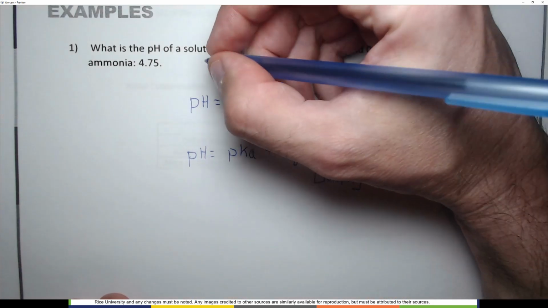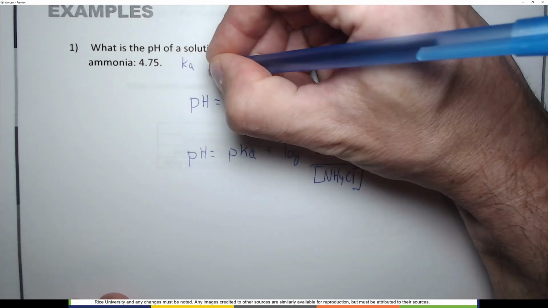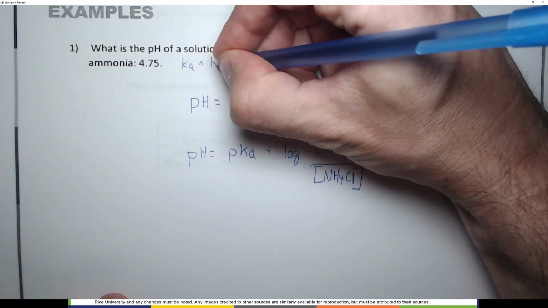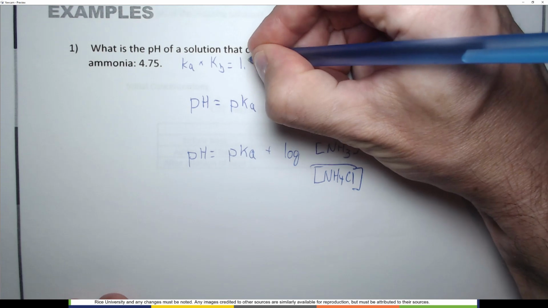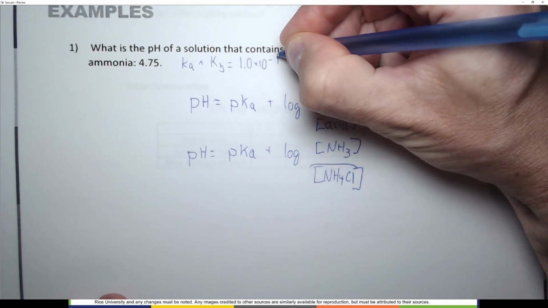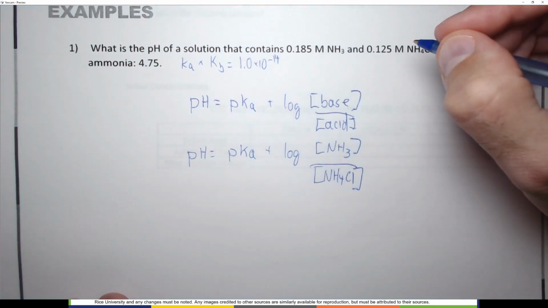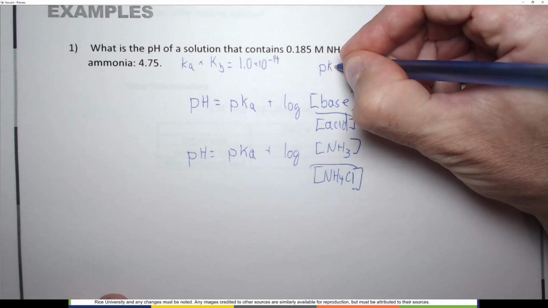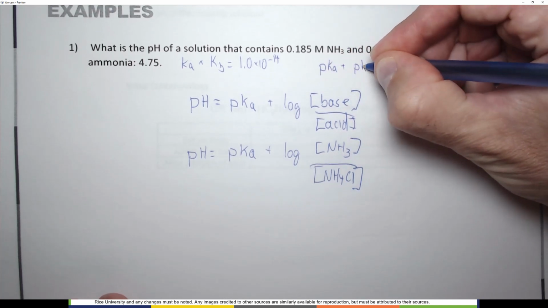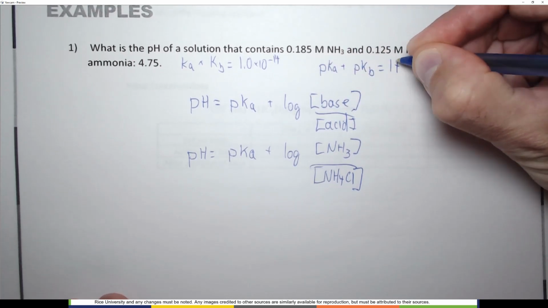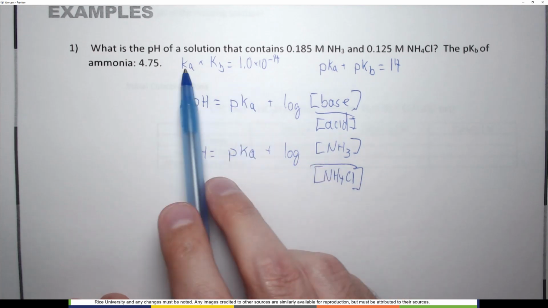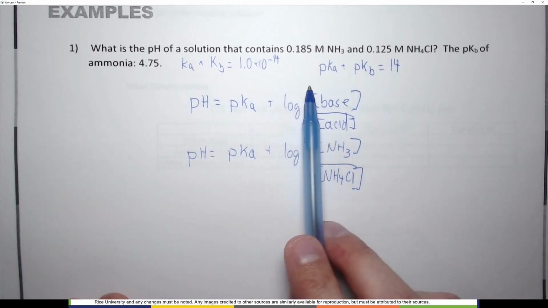Well, we talked about in the previous chapter that Ka times Kb equals 1 times 10 to the minus 14. This also means that the pKa plus the pKb equals 14. I just take the negative log of all of these things, and that's how I get this.